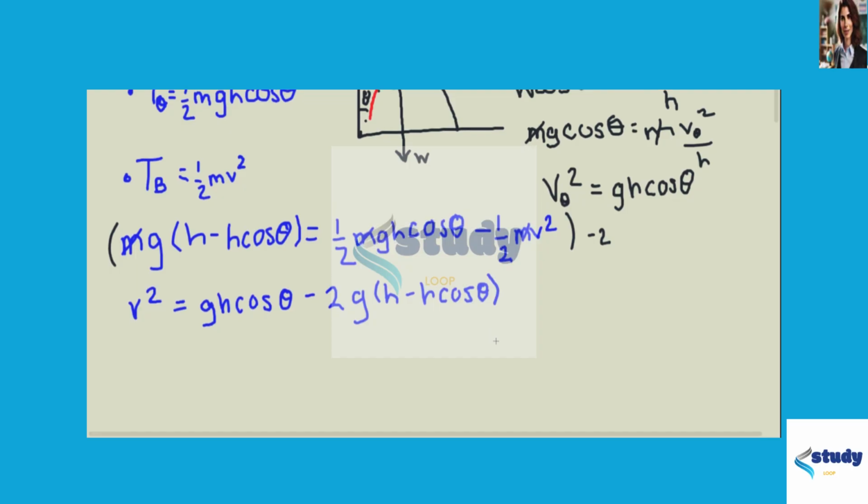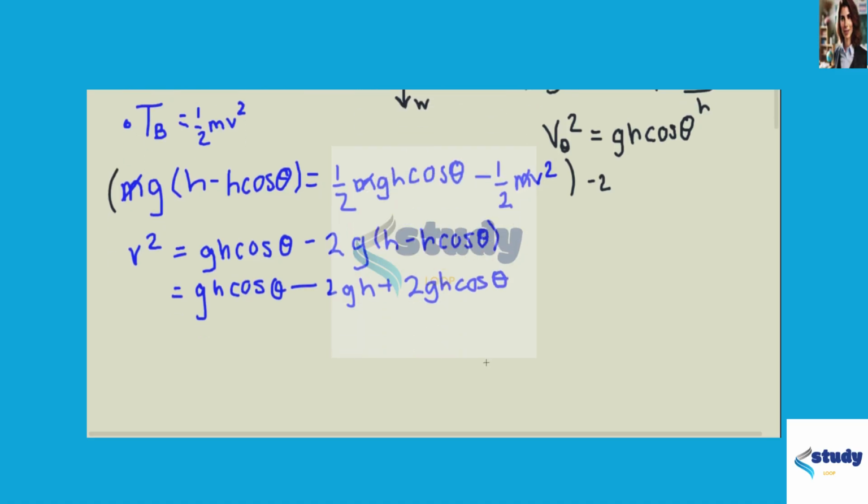Okay. Next, I'm going to multiply this through. So we have gh cosine theta minus 2gh plus 2gh cosine theta.